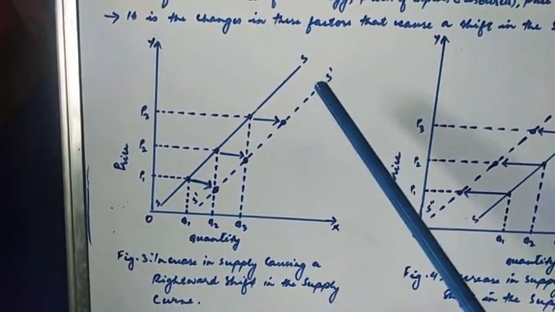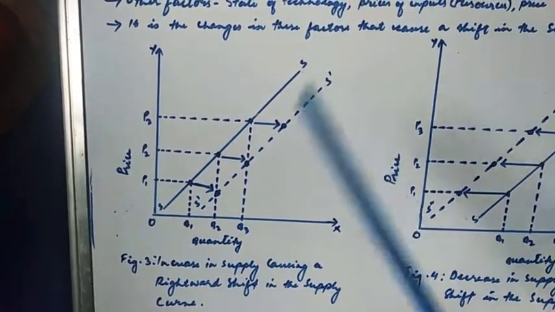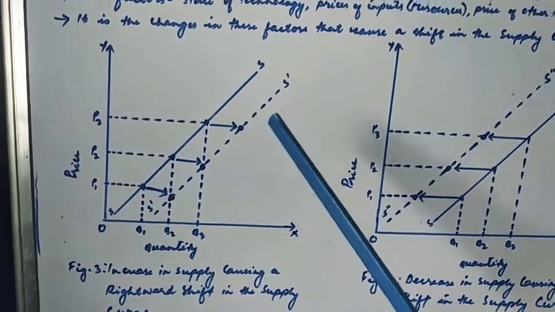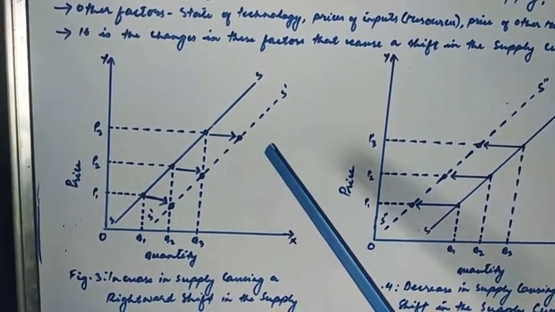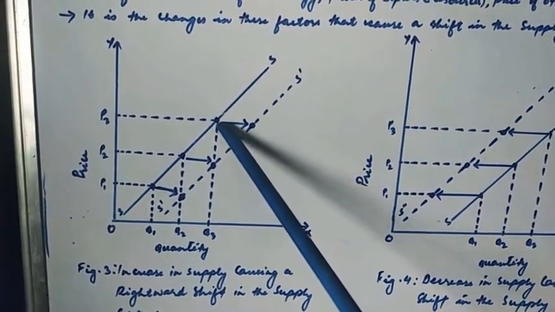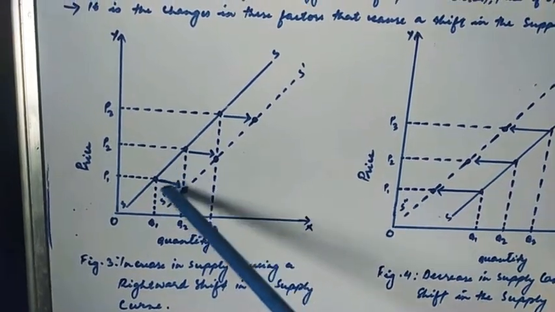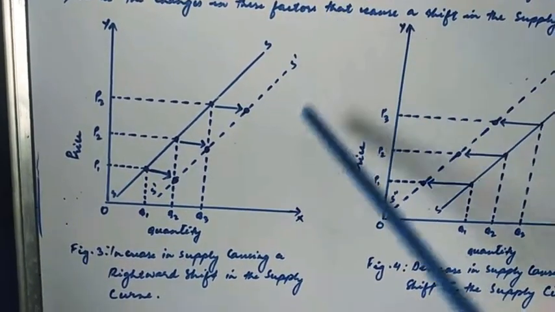What will happen when there is a reduction in prices of inputs, when the state of technology is advanced, and when the price of other related commodities falls? Then there will be a shift in the supply curve from SS to S1S1.